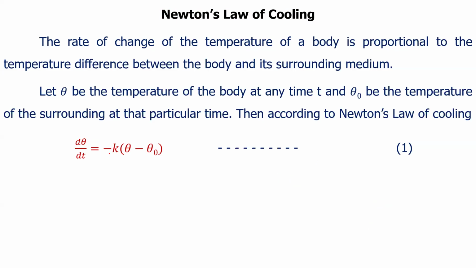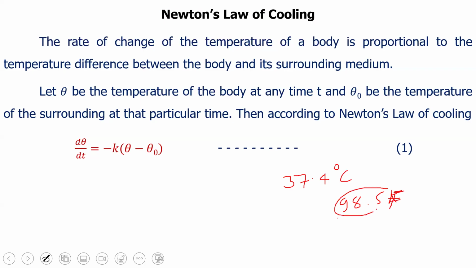But sometimes, suppose we have a thermometer. Suppose the normal temperature in the thermometer is 37.4 degrees centigrade, or we can say 98.5 degrees Fahrenheit.